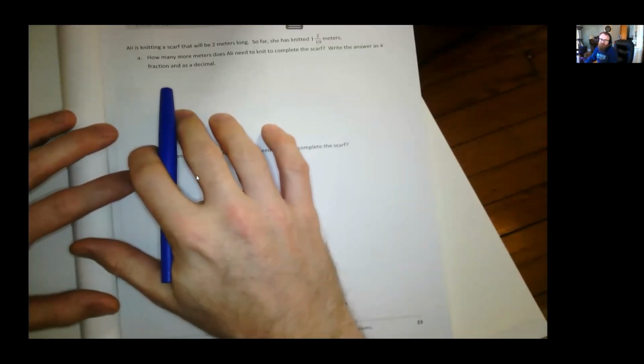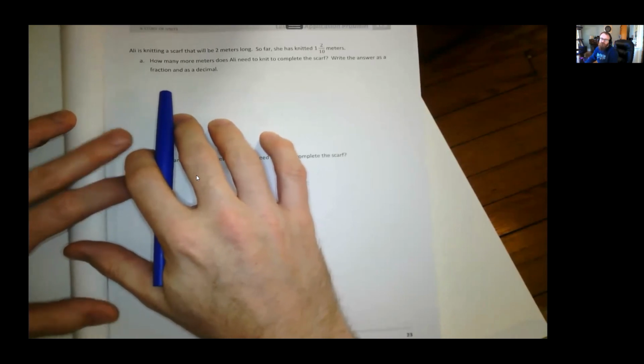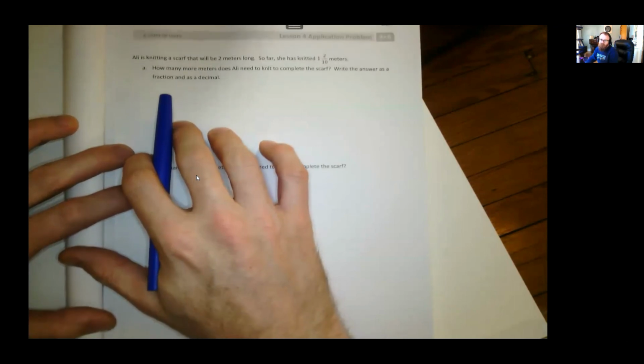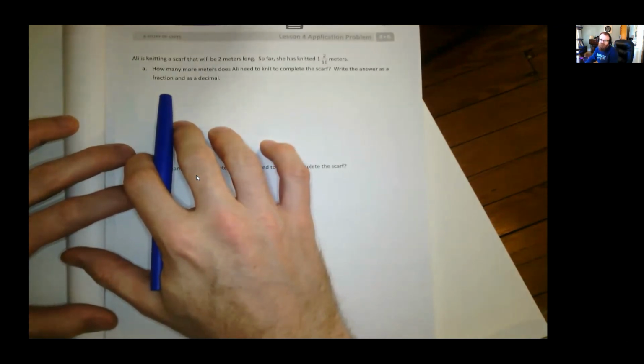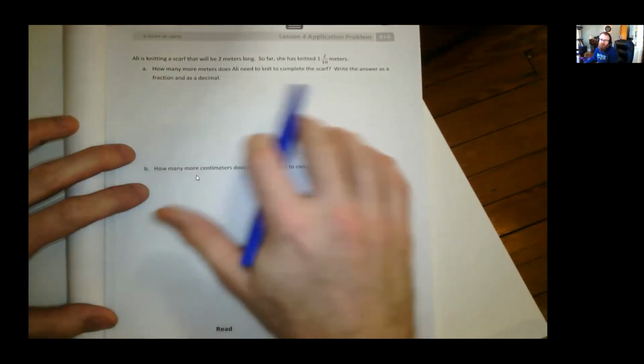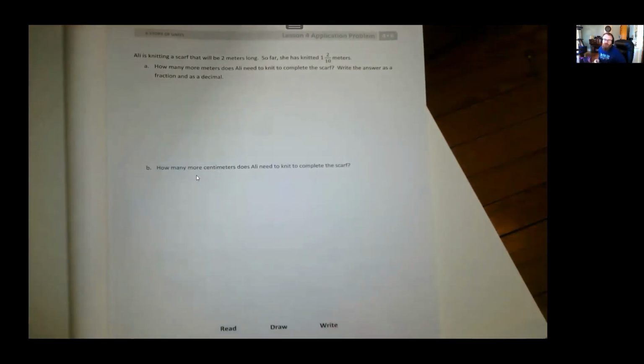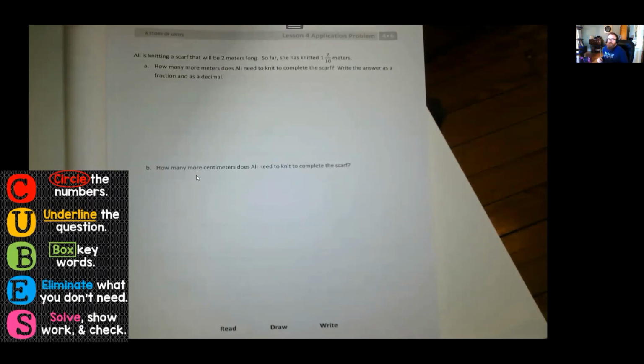Allie is knitting a scarf that will be 2 meters long. So far, she has knitted 1 2/10 meters. How many more meters does Allie need to knit to complete the scarf? Write the answer as a fraction and as a decimal.